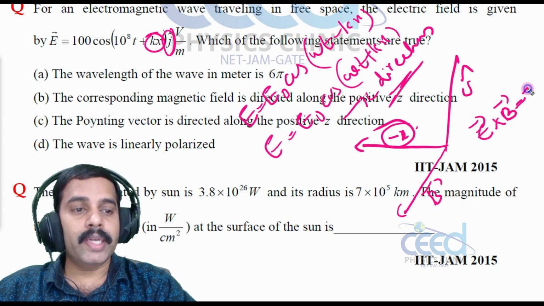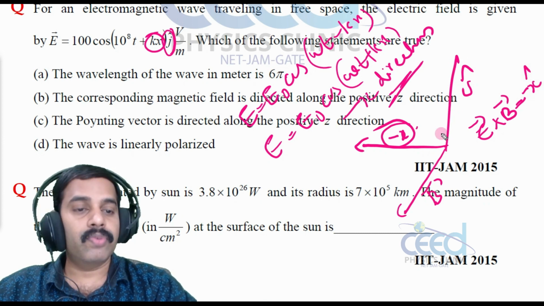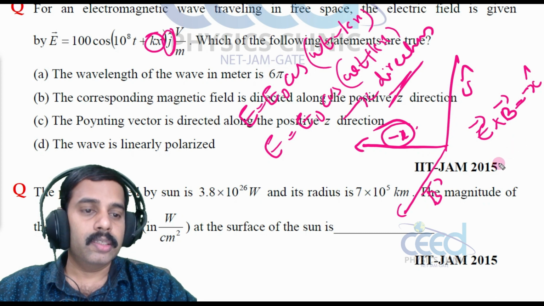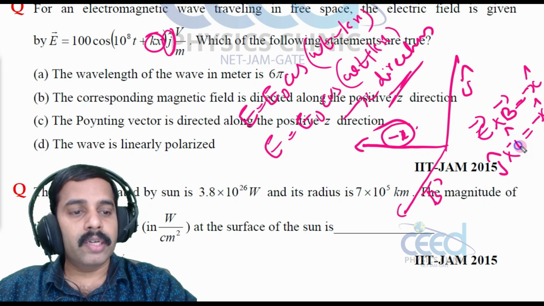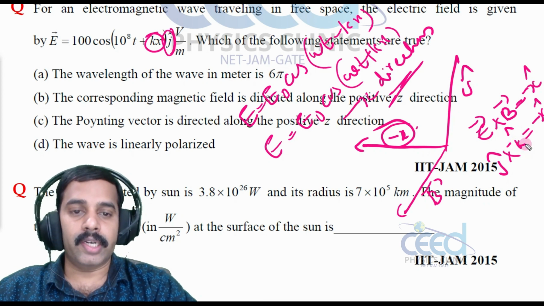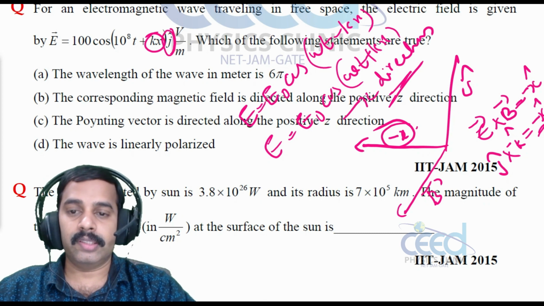So that should be minus x cap. The electric field is along j cap, so j cap cross something is minus x cap. Then it should be minus k cap, the negative z direction. Then only we will get the wave propagation along the negative x axis, right?